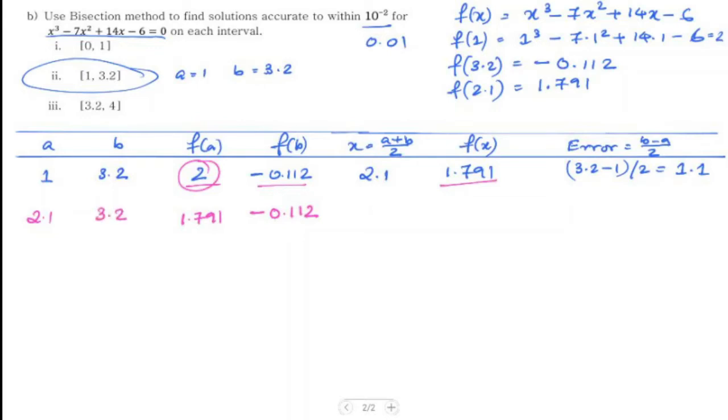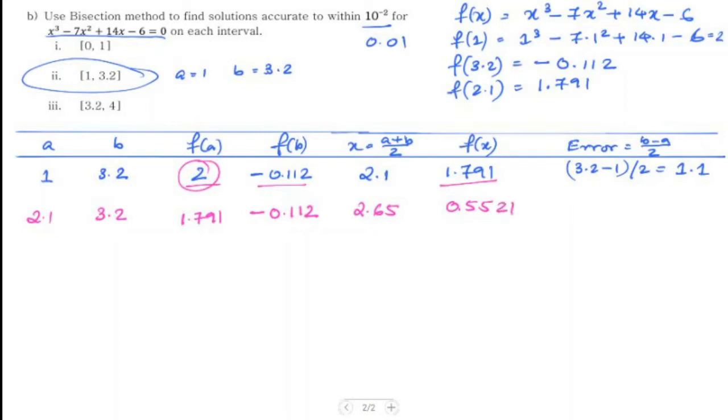So here now x will be 2.1 plus 3.2 divided by 2, that will give us the value 2.65. Now putting 2.65 into our function will give us the value 0.5521.